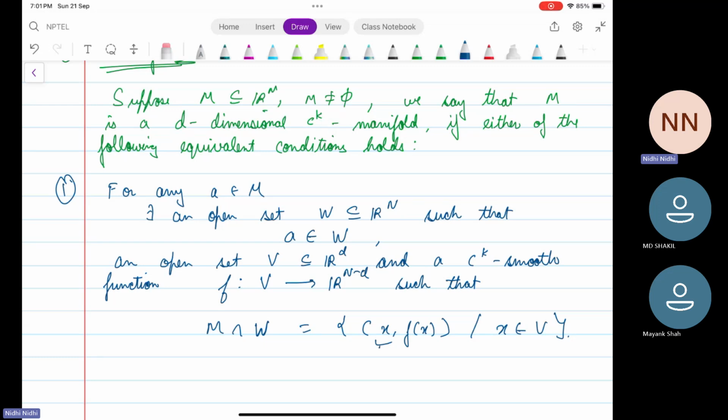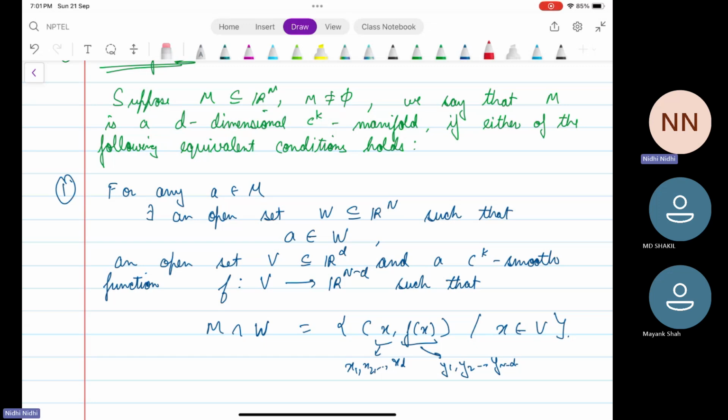So this is basically d components: x1, x2, and so on up to xd. And f(x) is an element in R^(n minus d), so it has n minus d components, y1, y2 up to y(n minus d). So eventually we are getting an n-tuple. So this was the first definition.